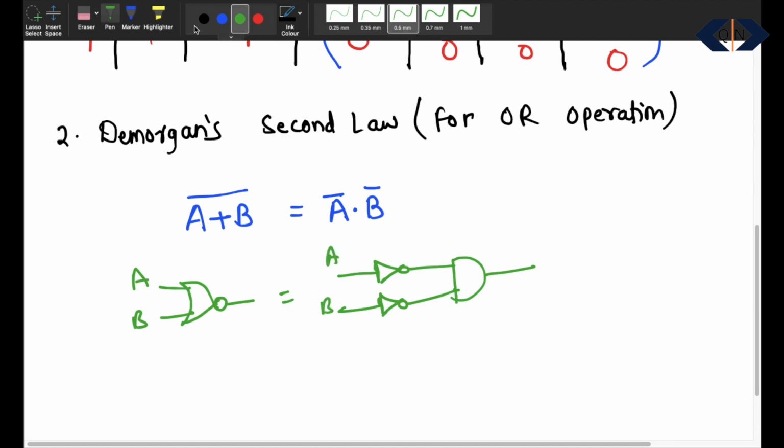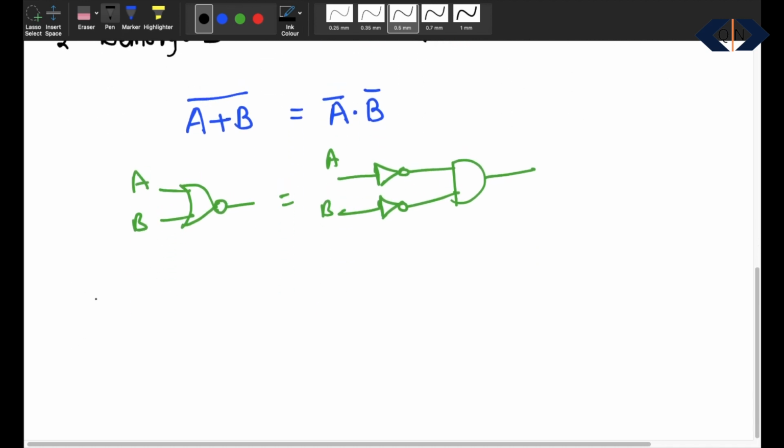Now let's make a truth table so that we can prove whether De Morgan's second law is true or not. Same as the previous experiment, we will make a truth table with A, B, A plus B, then A plus B bar, and we want A bar, B bar, and A bar dot B bar.